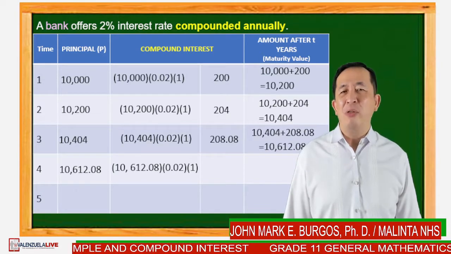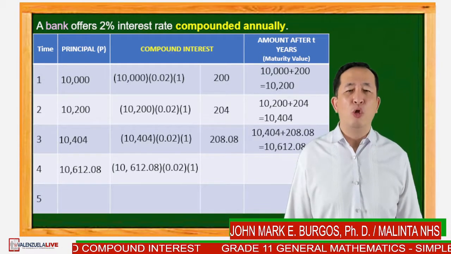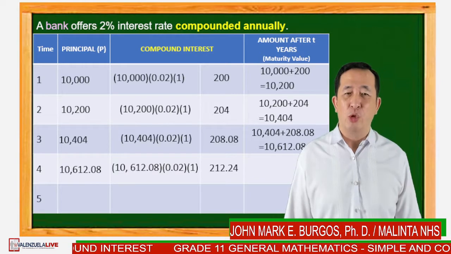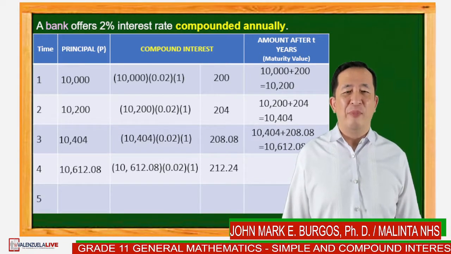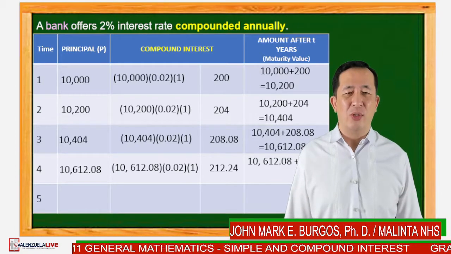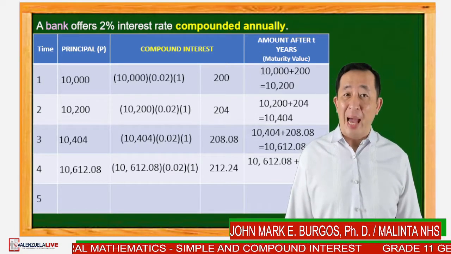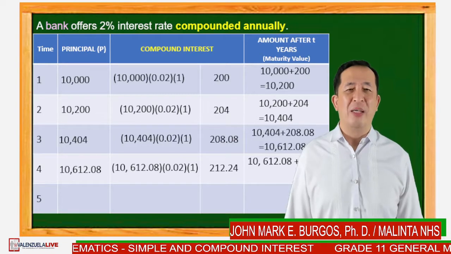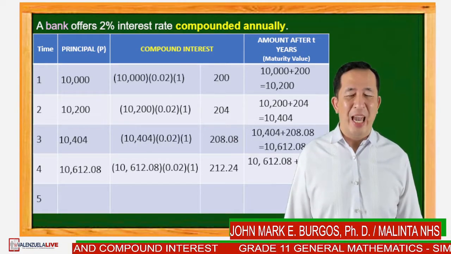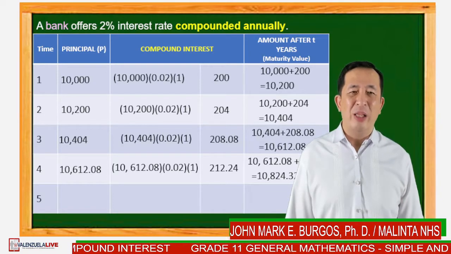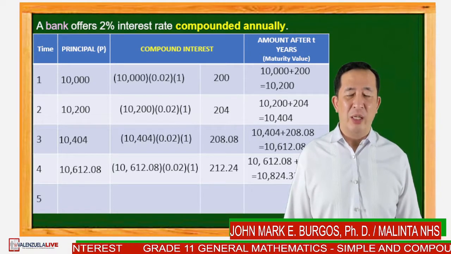The compounded interest will be 212 pesos and 24 centavos. Add that to the principal, we have 10,612 pesos and 8 centavos plus 212 pesos and 24 centavos. The maturity value will be 10,824 pesos and 32 centavos.